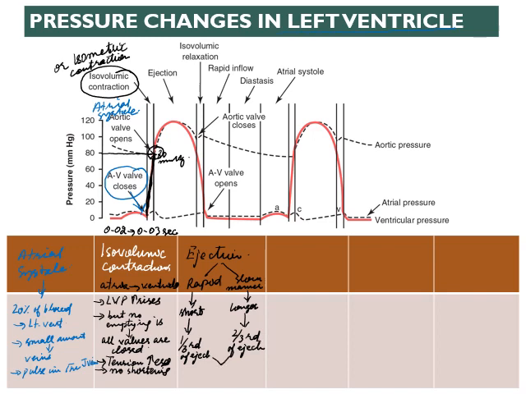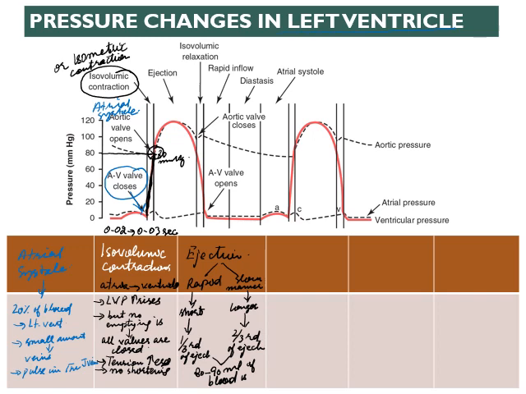During rapid and slow ejection, about 80 to 90 milliliter of blood is pumped out of the ventricle.